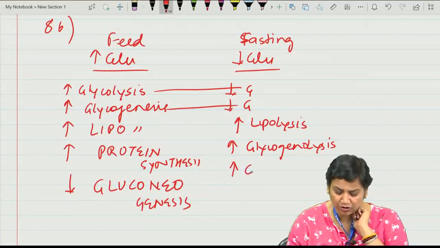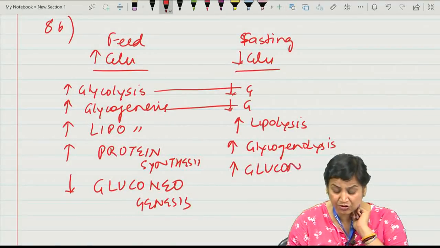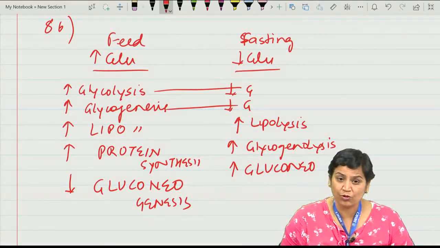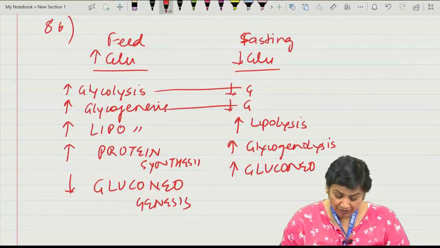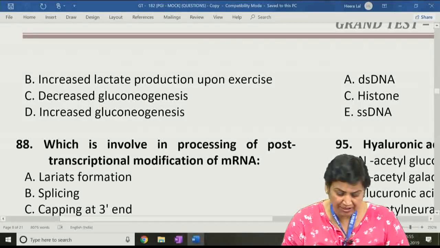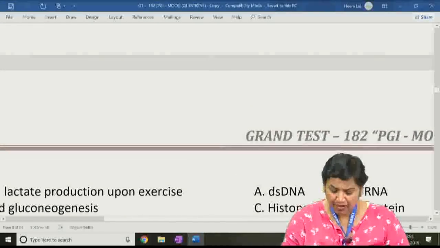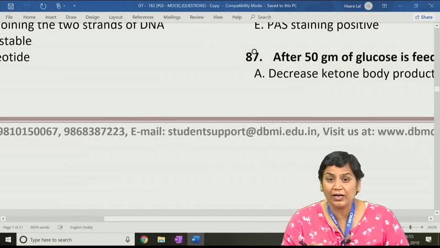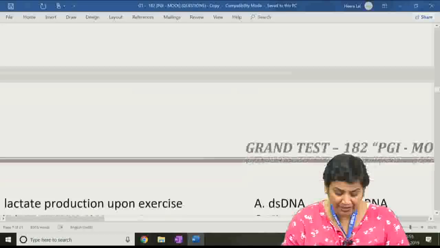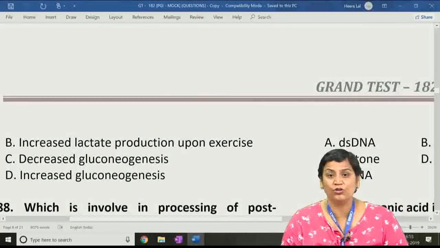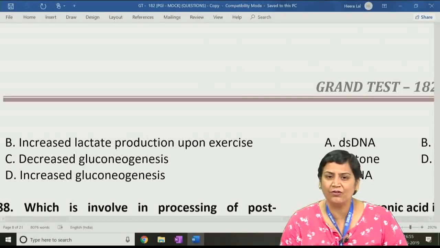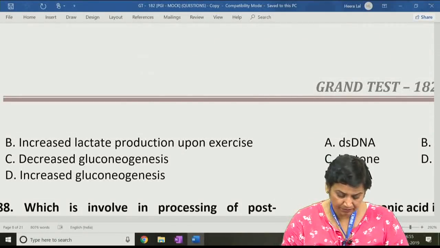And increased gluconeogenesis will be there because glucose has to be synthesized, and gluconeogenesis is accelerated during prolonged starvation. But now if we see the question, when 50 grams of glucose is fed orally, then automatically there will be decreased gluconeogenesis. Because lactate production and ketone bodies play a very important role in starvation, right?